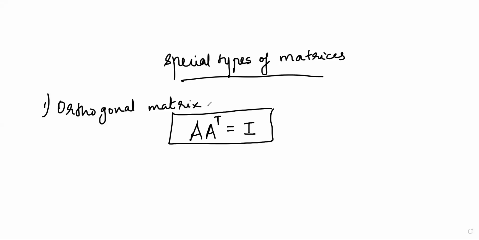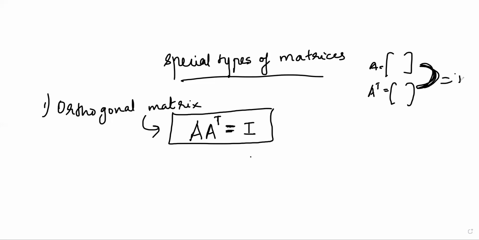An orthogonal matrix is a matrix such that A into A transpose is equal to I. Understood? Is it clear? That means if we have a matrix A and we find the transpose, then multiplying these two, you will get the answer as identity matrix. Such a matrix is known as orthogonal matrix.